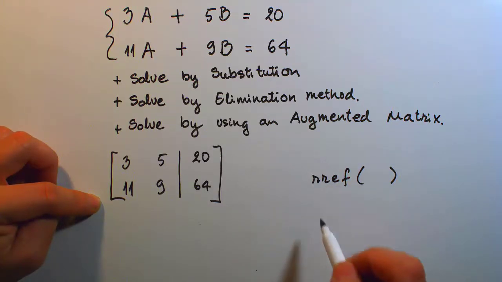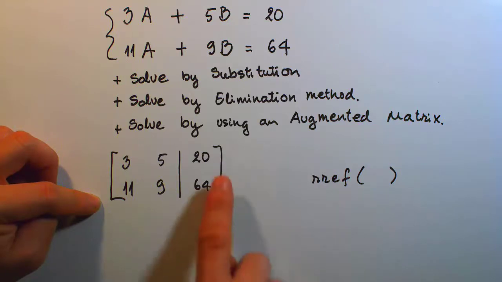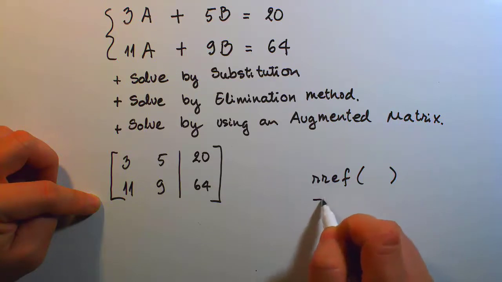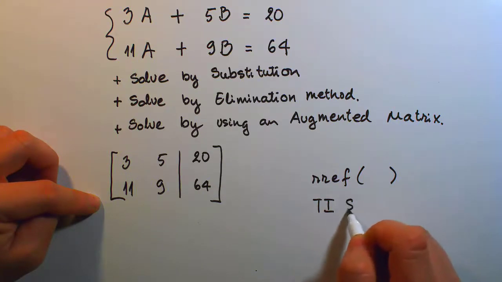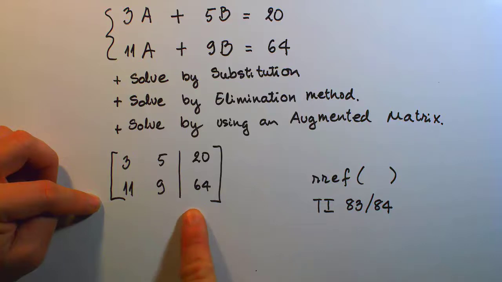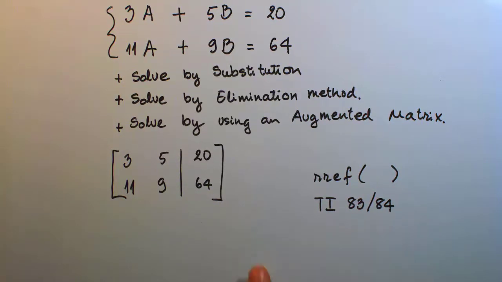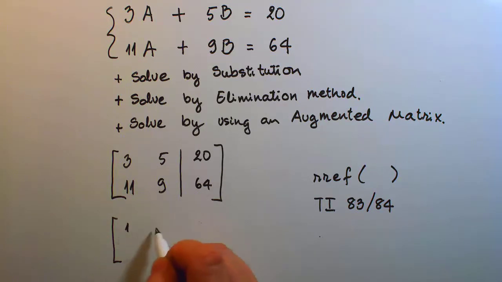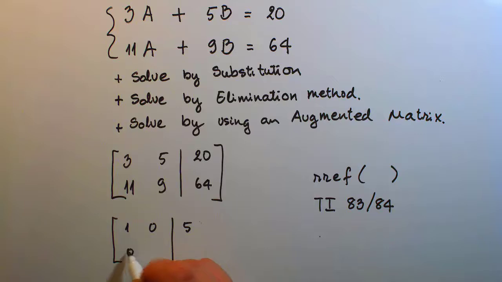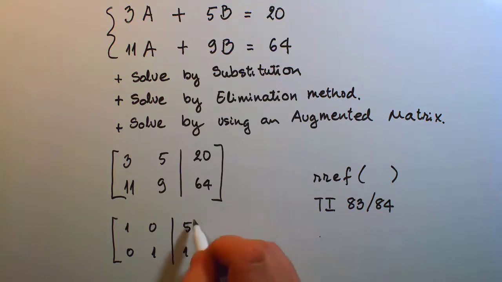Since using the RREF command from a standard TI-83 or 84 is introduced in class, I am going to use the TI-83 and 84 RREF command to reduce this augmented matrix. Running the RREF command, we ended up with this system after row reduction: 1, 0, 5, 0, 1, 1.